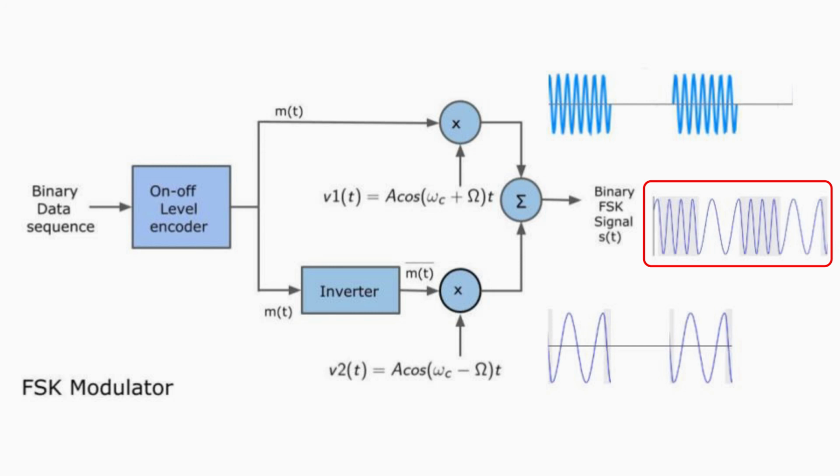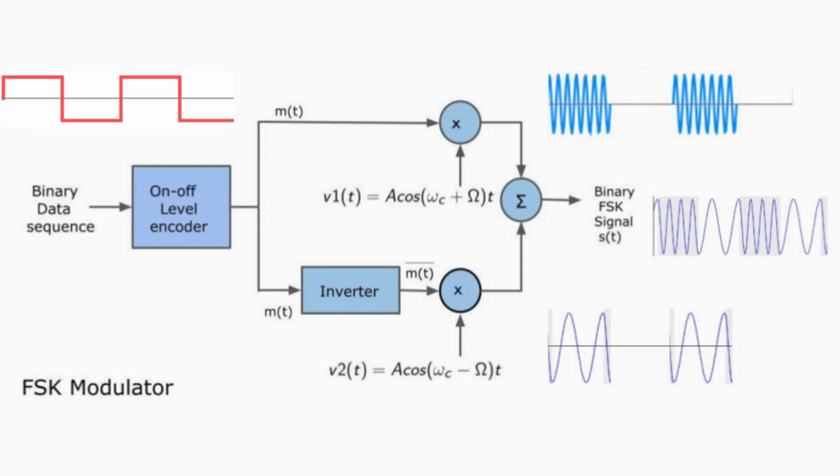When the input bit is 1, the output of product modulator 1 is the high frequency carrier V1(t) and the output of product modulator 2 is 0, because the inverted bit is multiplied with the carrier V2(t). The addition of these outputs is as shown.